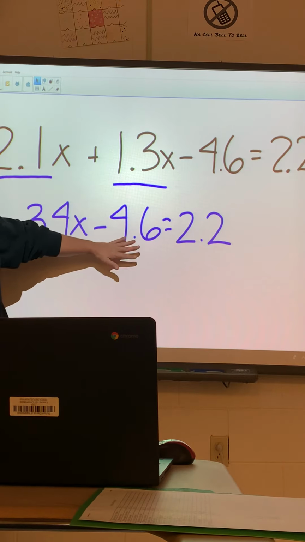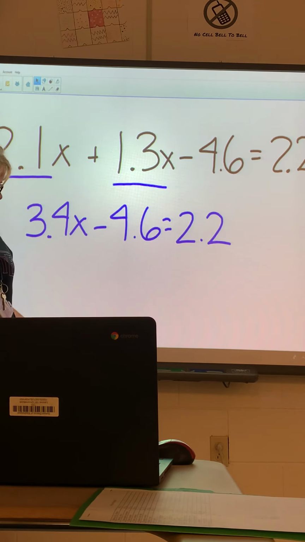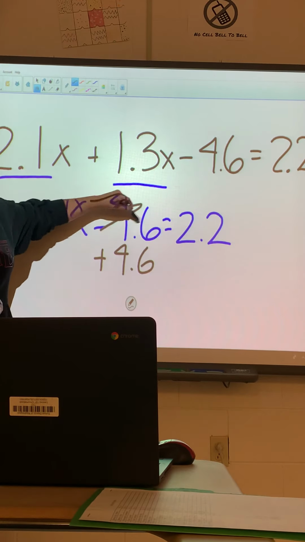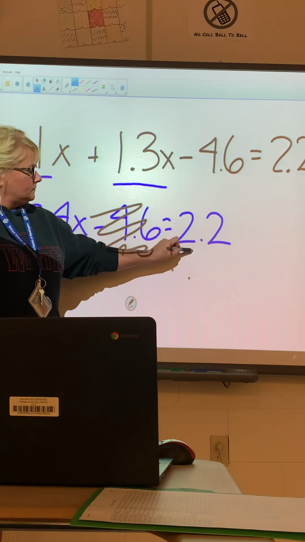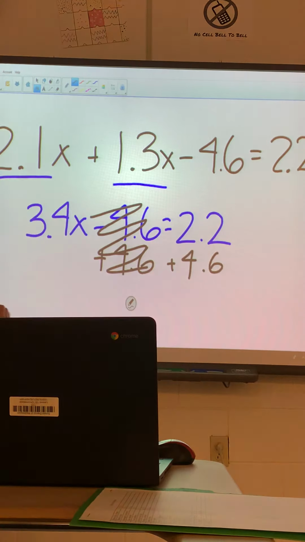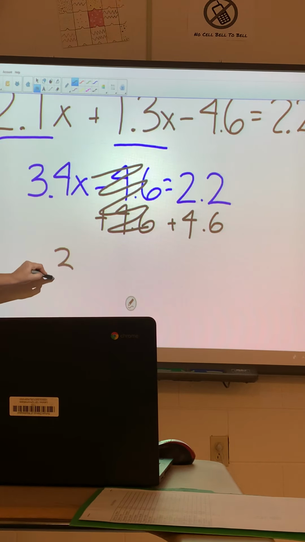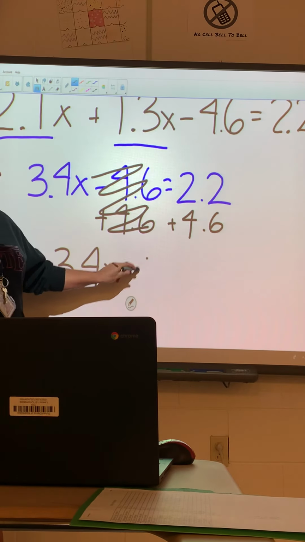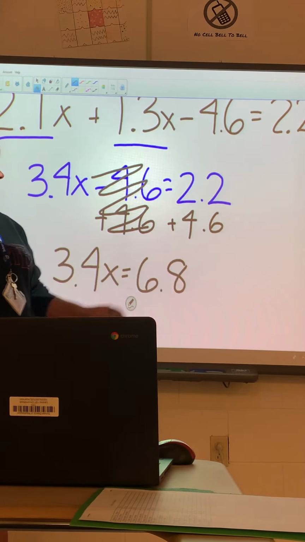Get rid of the minus 4.6 first. Add 4.6. It goes away. Leaving me with 3.4x over here equals 6.8.